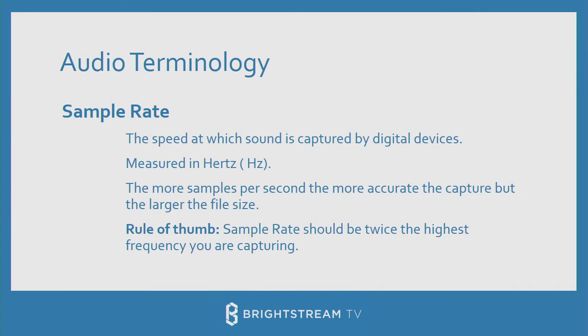All right, so those are really the primary terms: the frequency, the amplitude, and your sample rate. If you get those down and you understand those concepts, then working in Adobe Audition is going to be a lot easier for you. Now, of course, those terms are things that you may know the definition of, but really putting them into action is what I'm going to show you in the upcoming lesson files.